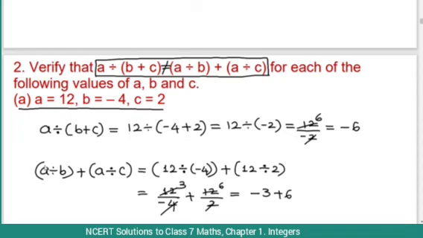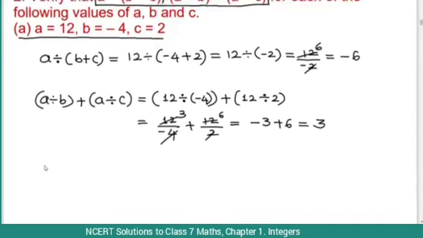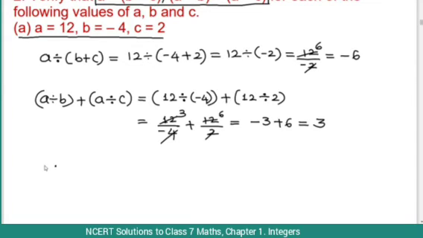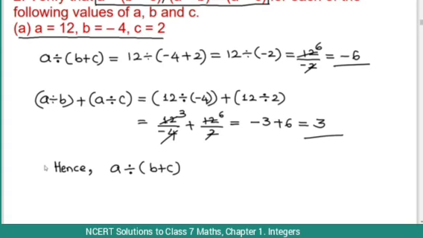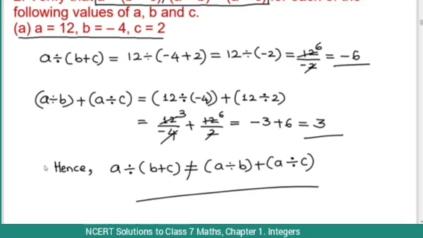So it is -3 plus 6, which is equal to 3. Here the LHS value is minus 6 and the RHS value is plus 3. Hence, A divided by (B plus C) is not equal to A divided by B plus A divided by C. Hence, proved.